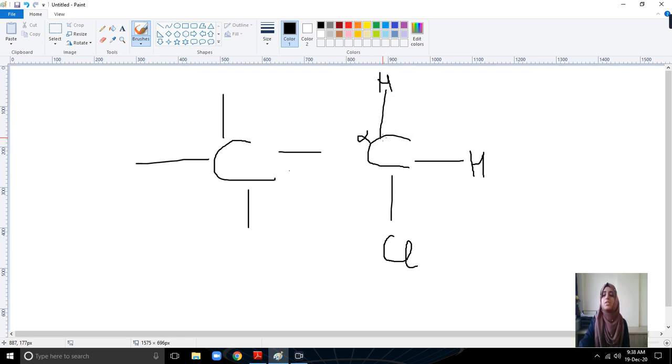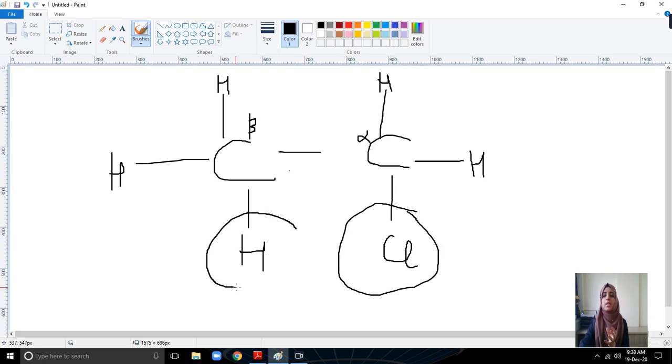The carbon adjacent to the alpha carbon is called beta carbon, and the hydrogens present on the beta carbon are beta hydrogens. So alpha beta elimination means one atom is removed from alpha carbon and another group is removed from beta carbon.